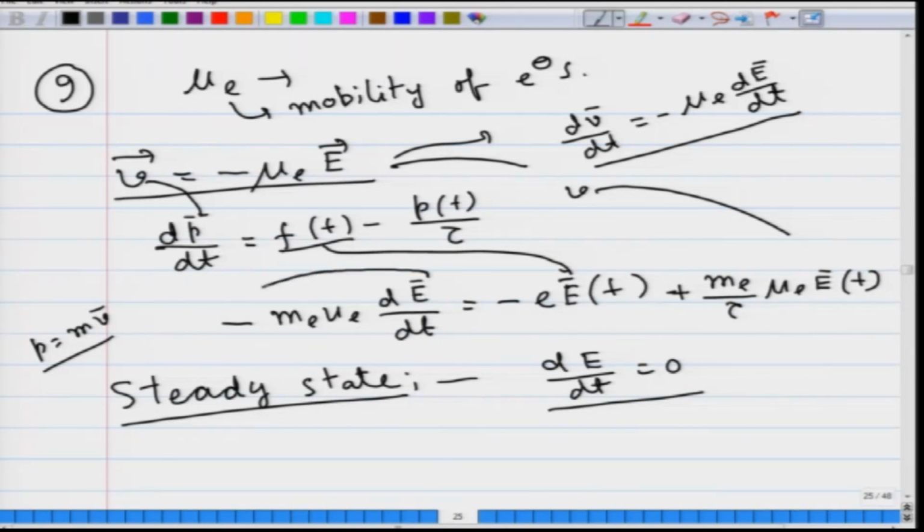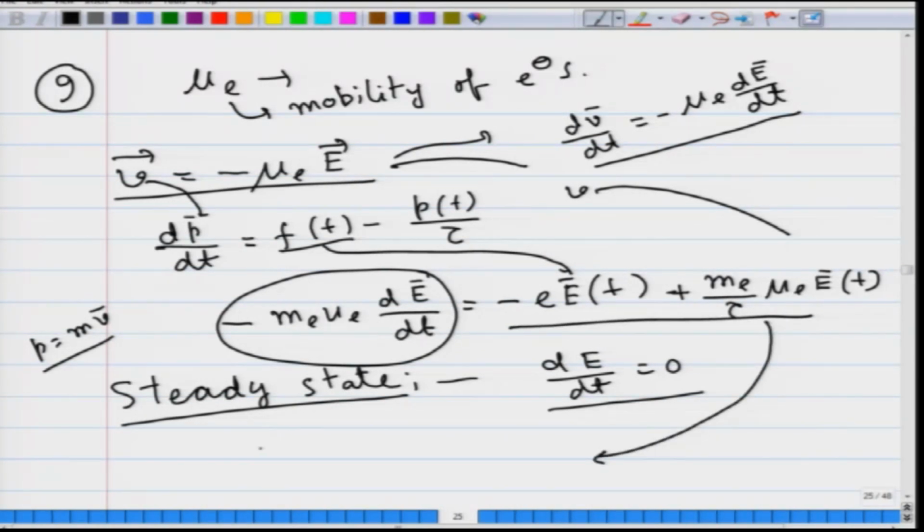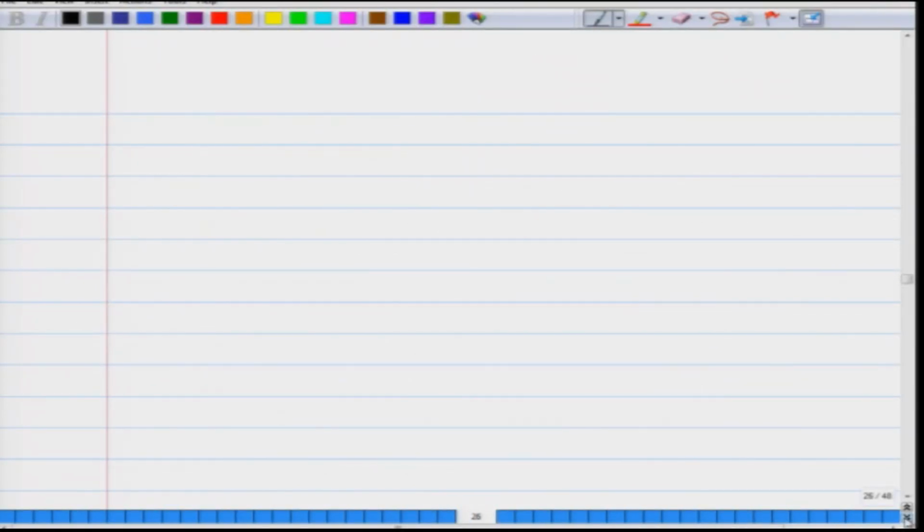So if this part is going to be 0, then from here we will get mu e by equating this to this, taking this term here, this is already 0. So this equals this, and from there we get mu e equals e tau by m. This is option A.